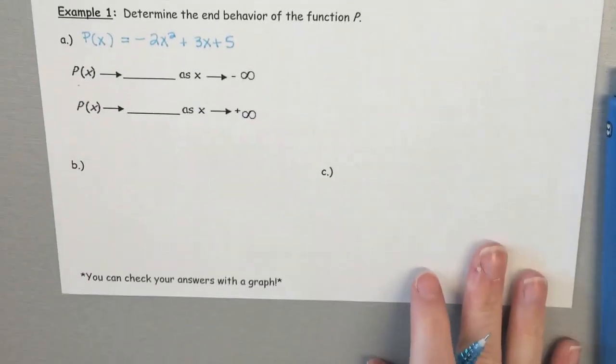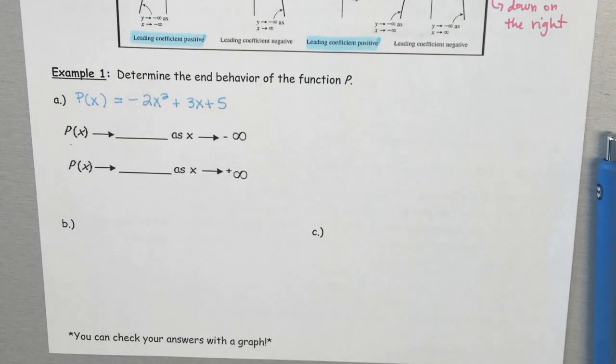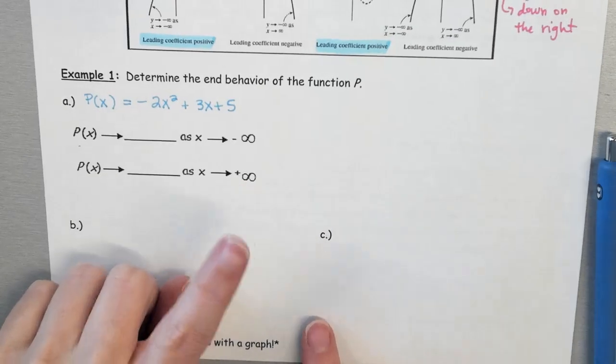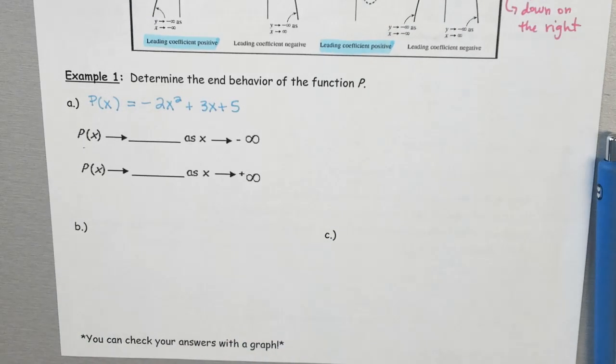Okay, so if you had a graphing calculator, you could graph that and do it, but you don't need it. Okay, so you have to be able to analyze it without your calculator as well. Okay, you will always need as x goes to negative and as x goes to positive so that you can explain what happens on both sides of the graph.